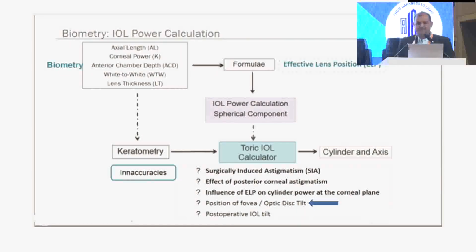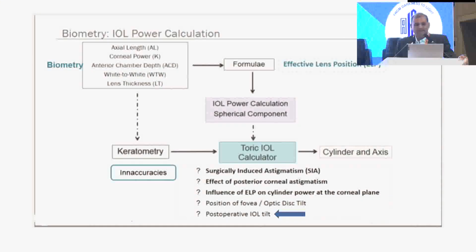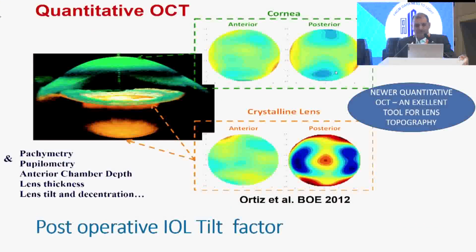And the last, newer understanding is the optic disc tilt factor on the astigmatism part; certain investigations are going on for that. Another thing is the postoperative tilt factor. Because of advancements in topographic tools, we found out what the lens anatomy is and where the IOL sits in the lens. So quantitative OCTs have been developed for that.